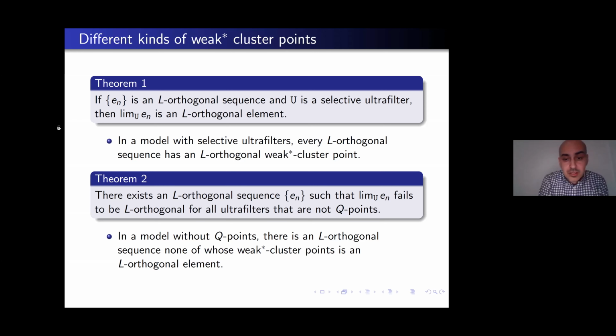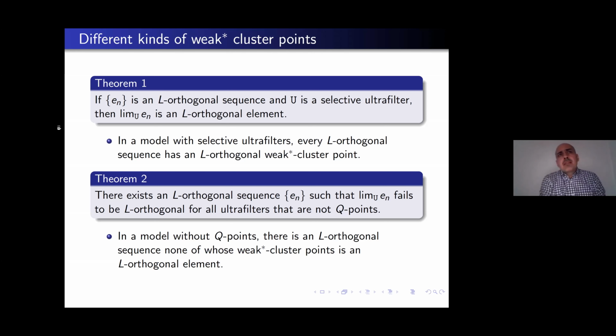And as I wrote here, in particular, if I go to a model of set theory without Q points, as I mentioned before, that was first shown by Miller, there is an L-orthogonal sequence none of whose weak star cluster points is an L-orthogonal element.